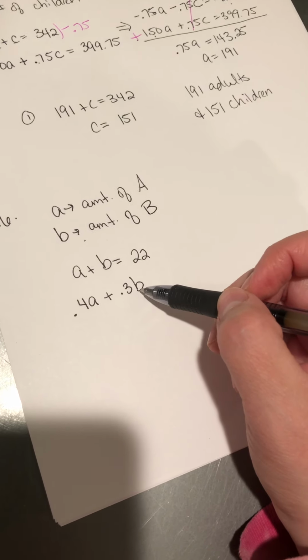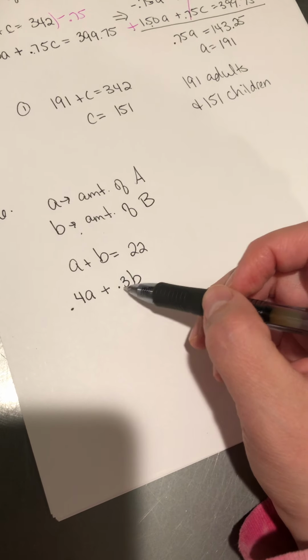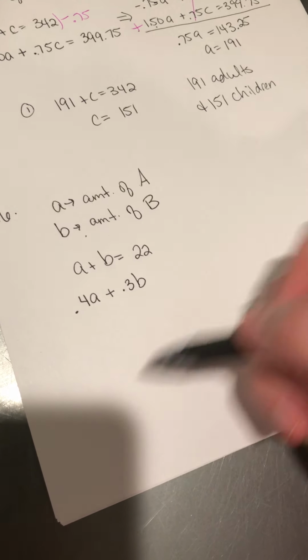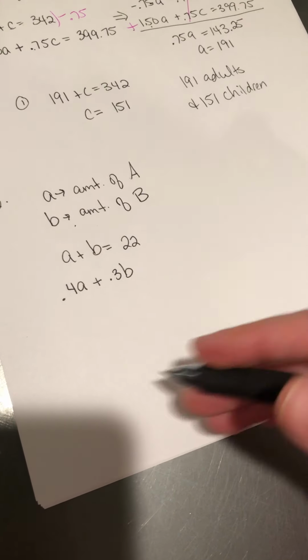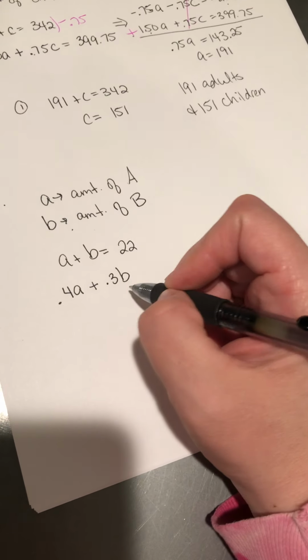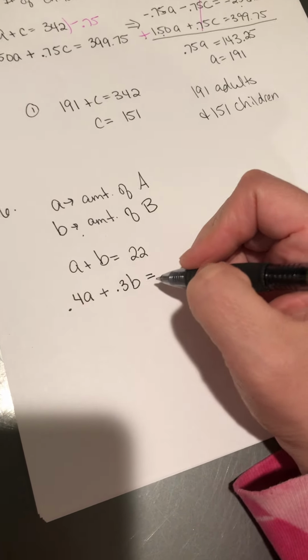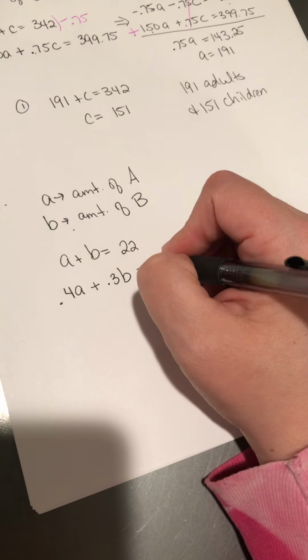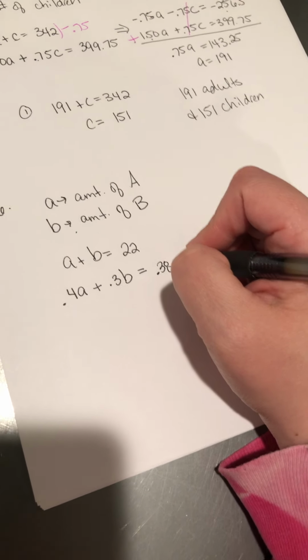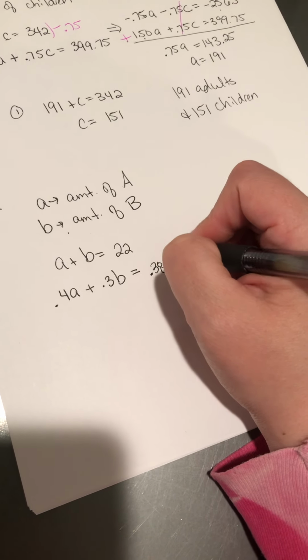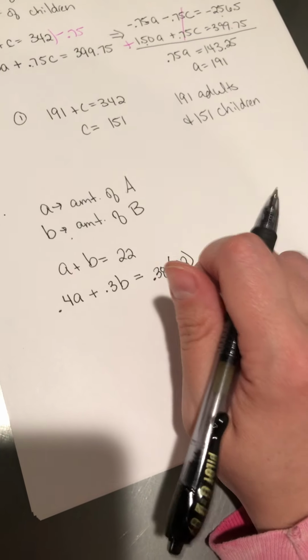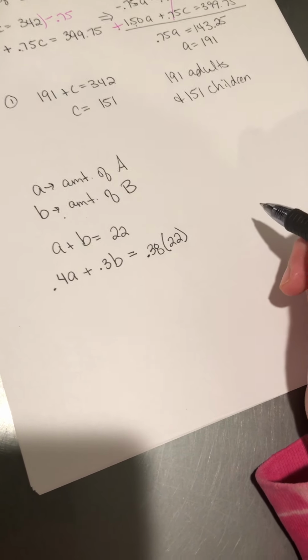Again, if I've got 1, it's 0.3 or 30% acid. If I've got 2, it's 0.3 times 2, or 30% of 2, and so on and so forth. That has to equal 38% of the total volume. You want it to be 38% acid, and we want it to be 22 milliliters.